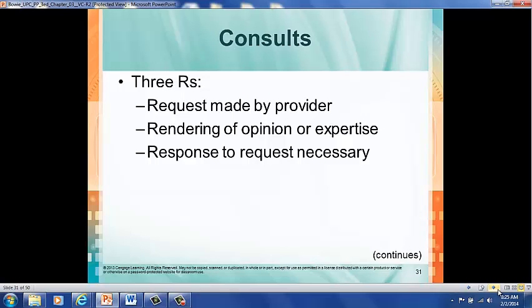The response to the request closes the circle, and the decision can be made as to whether this is actually a consult. The patient's medical record must reflect all 3 of these components before a consult code is assigned. The request can be a verbal request, but documentation by both the provider making the request and the provider rendering the opinion must reflect the fact that a request was made.